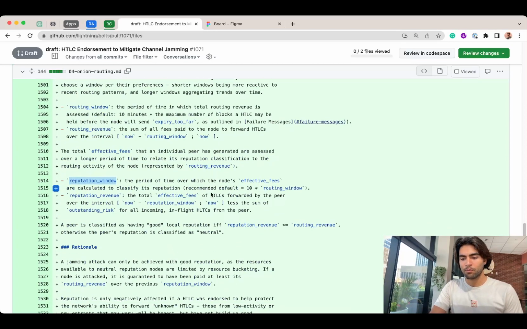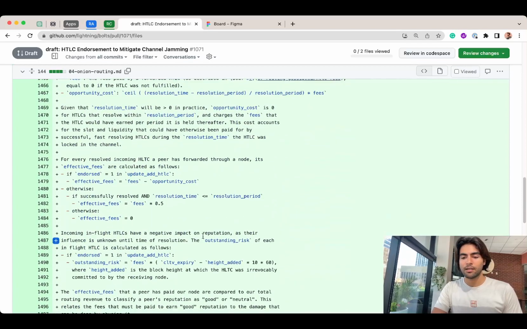So these are the formulas for that. A peer is classified as having good local reputation if and only if the reputation revenue, which is calculated during the longer window, is bigger than the routing revenue, which is calculated in the smaller routing window. Otherwise, the peer's reputation is classified as neutral.